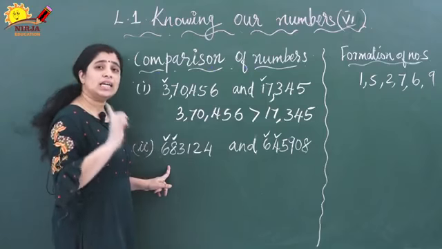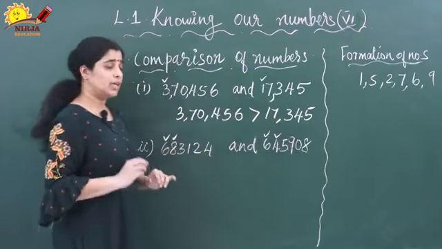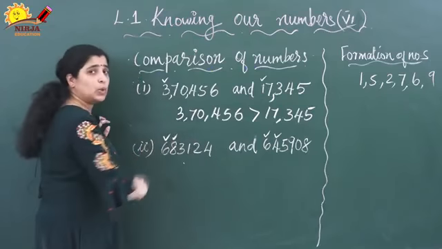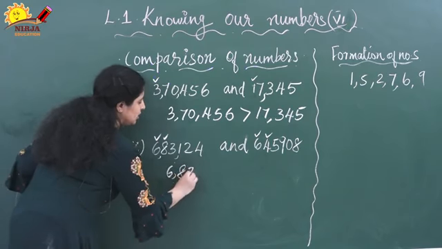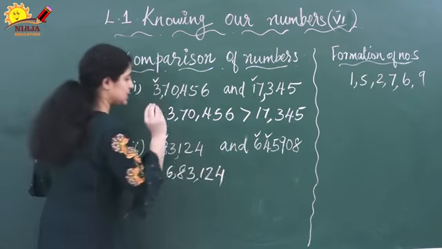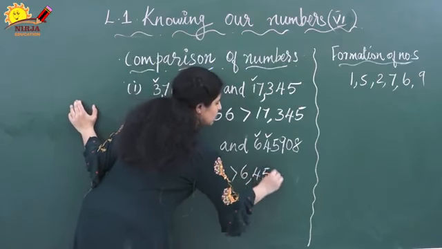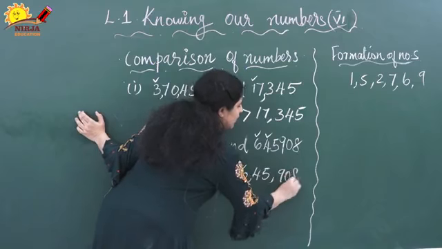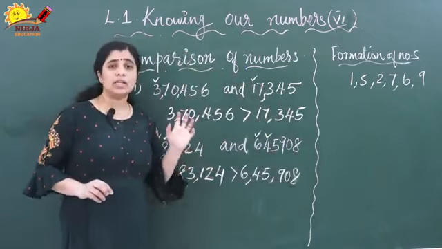Yes, 8 is the bigger number. So we can compare these two numbers here. So this number will be the bigger number. 6,83,124 is greater than 6,45,908.